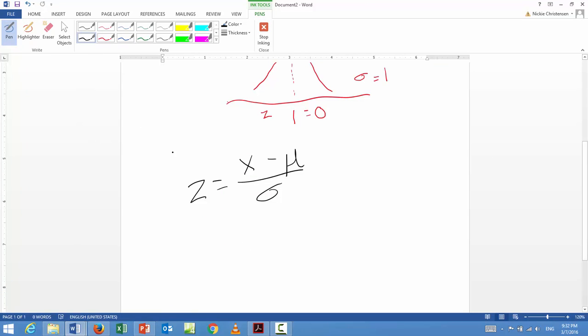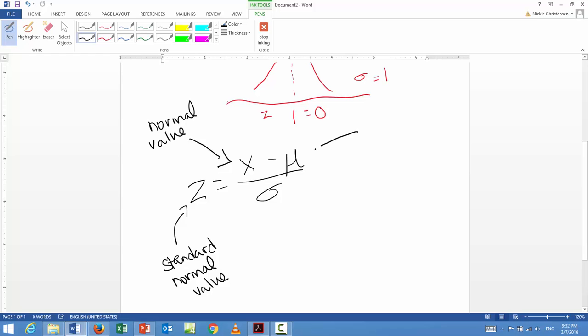Now, z, as we learned, is a standard normal value, whereas x is a normal value. I just want to make it clear because there was some confusion in some classes.